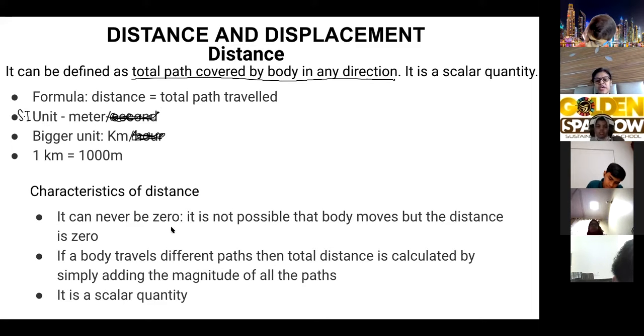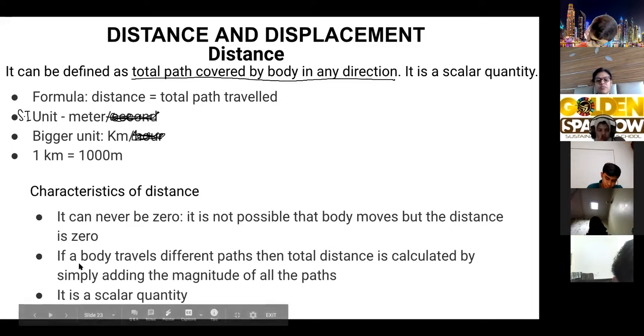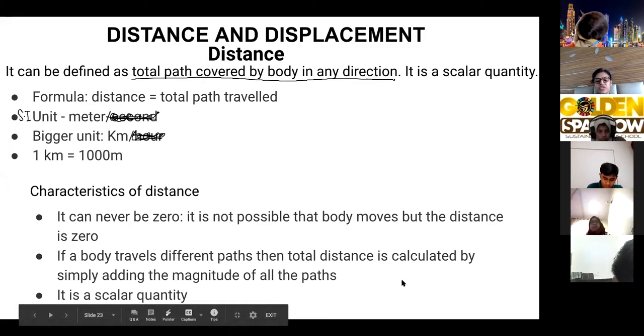Your distance can never be 0. Body travels different path, then total distance is calculated by simply adding the magnitude of all the paths. You don't need to write, but you should know this. How to calculate the total distance? Just add the total path covered, you will get the total distance, and it is a scalar quantity.